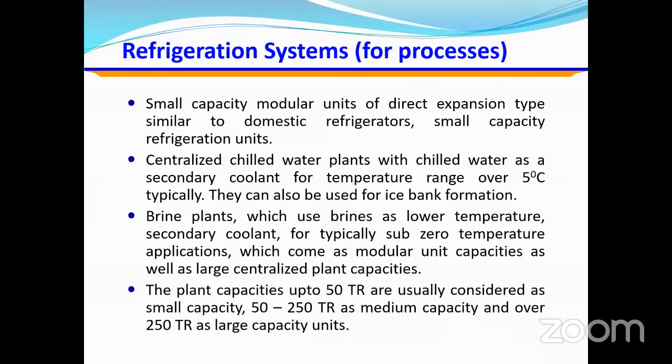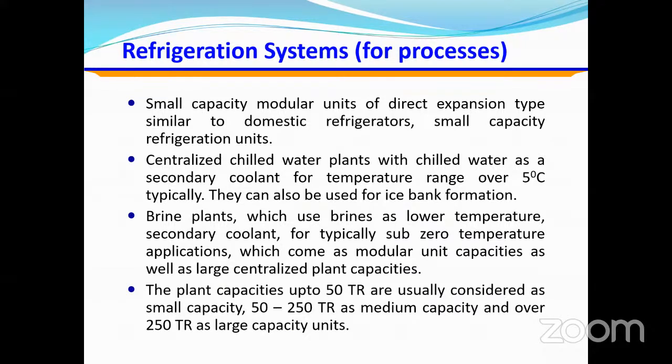Brine plants, which use brines as a low temperature coolant for typically sub-zero temperature applications, come as modular unit capacities as well as large centralized plant capacities. The plant capacities up to 50 TR are usually considered small capacity, 50 to 250 TR as medium capacity, and over 250 TR as large capacity units.